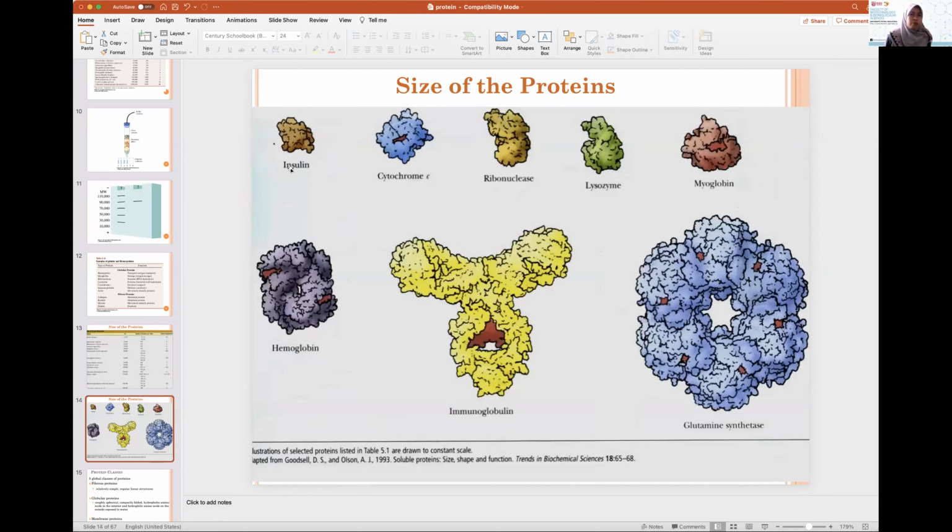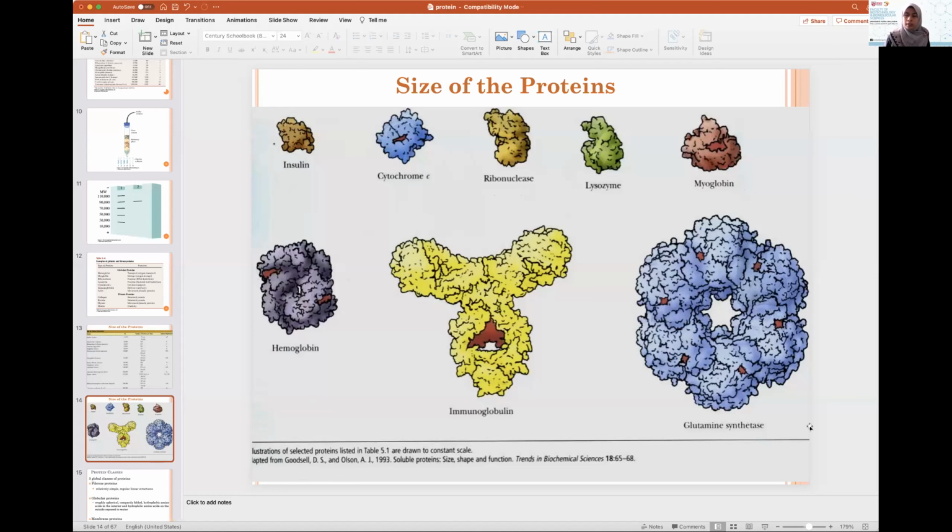This is the size if we look at the protein using the tertiary and quaternary structure. You can see insulin here, cytochrome C, ribonuclease. Maybe all of these come with a cofactor or prosthetic group to make them work. You can see the heme everywhere.